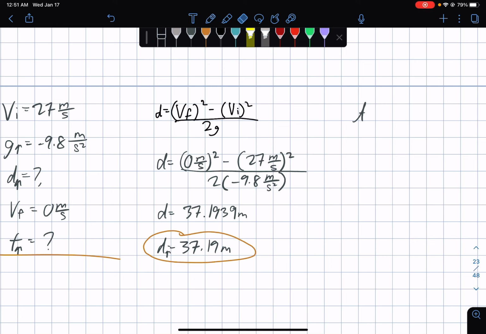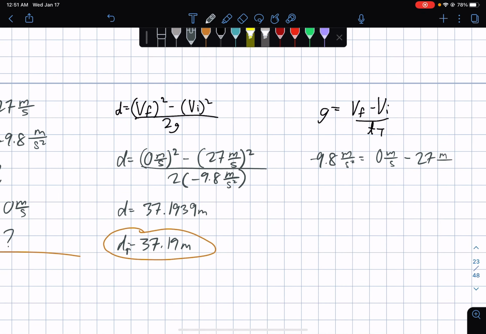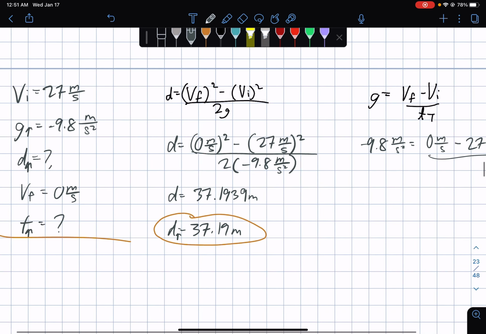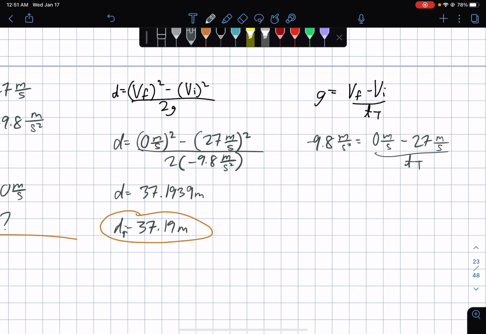Okay, d is equal to, no. Let's use the acceleration. 9.8 meters per second squared. Vf is 0. Vi is 27. What is the time? Time is missing. Sorry, I'm so accustomed to using time total.